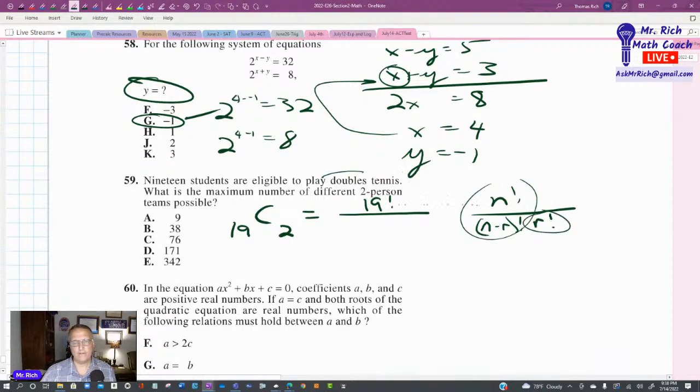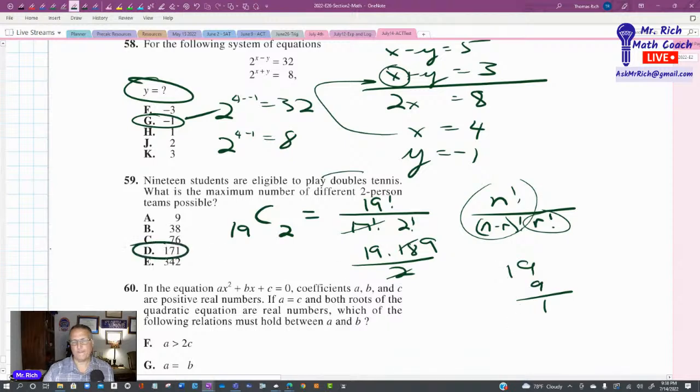So that's 19 factorial over 17 factorial and 2 factorial. The 17 factorial will cancel 17 and beyond. So this is basically 19 times 18 over 2. 2 goes into 18 nine times, and 19 times 9 is 171.